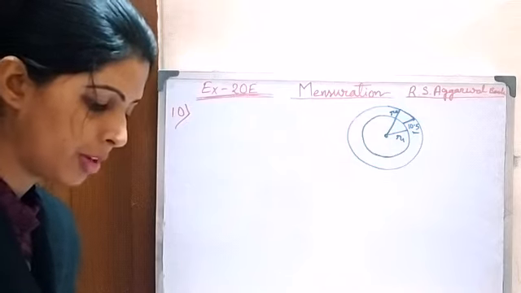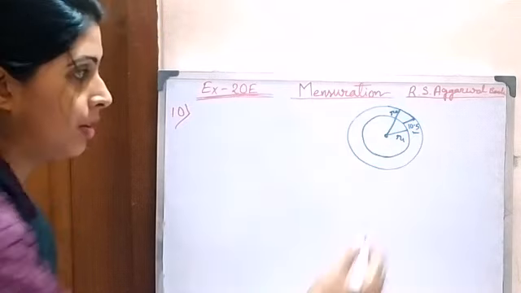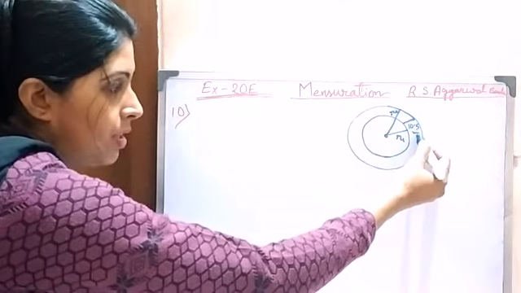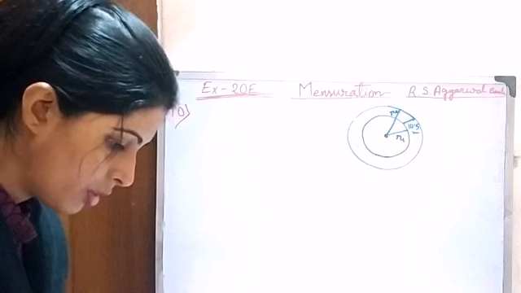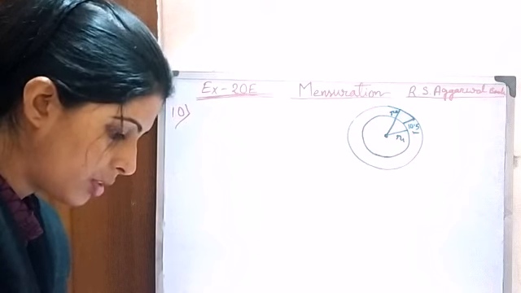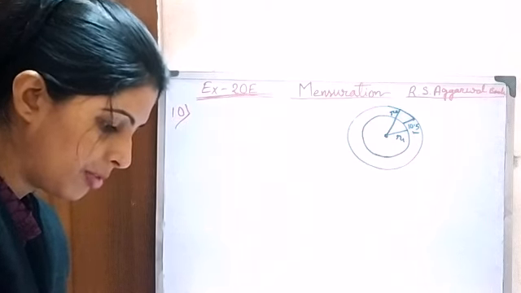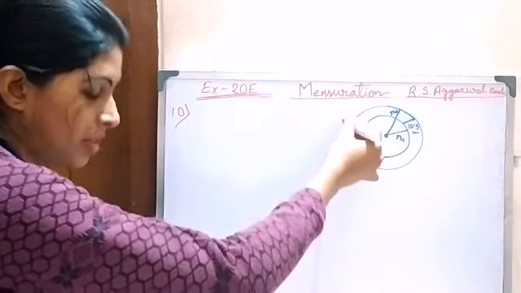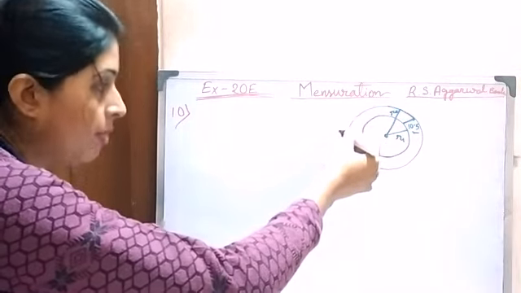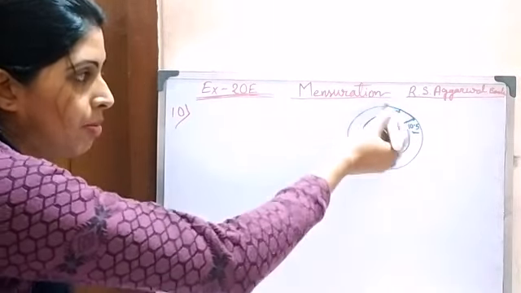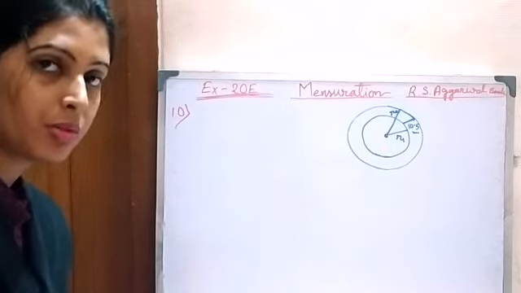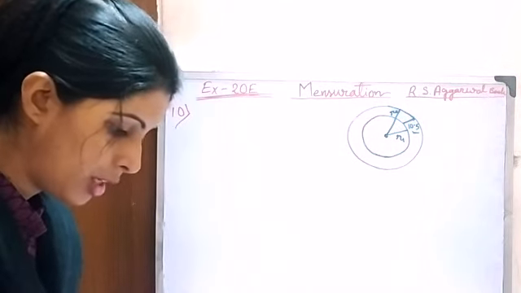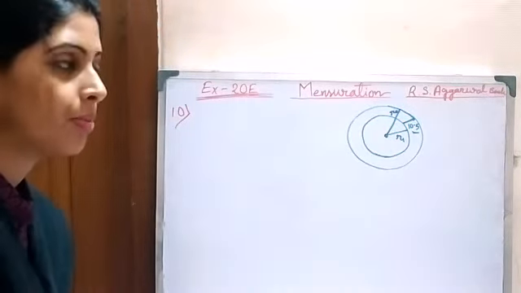The track is 10.5 meter wide everywhere. Calculate the cost of putting up a fence along the outer circle. Putting up a fence along the outer circle, that means we have to find out the outer circle circumference, at the rate of rupees 20 per meter.